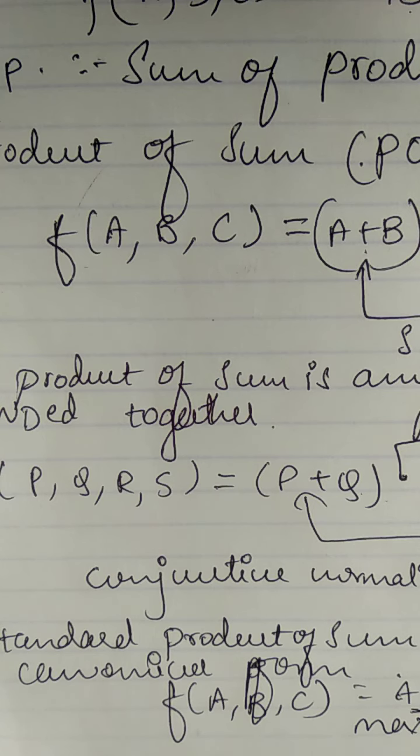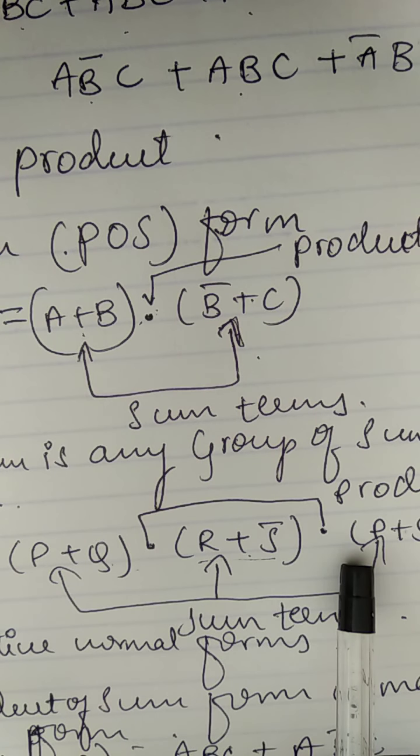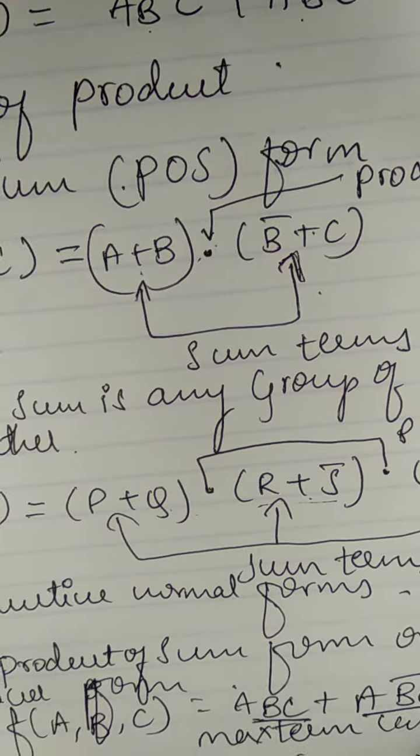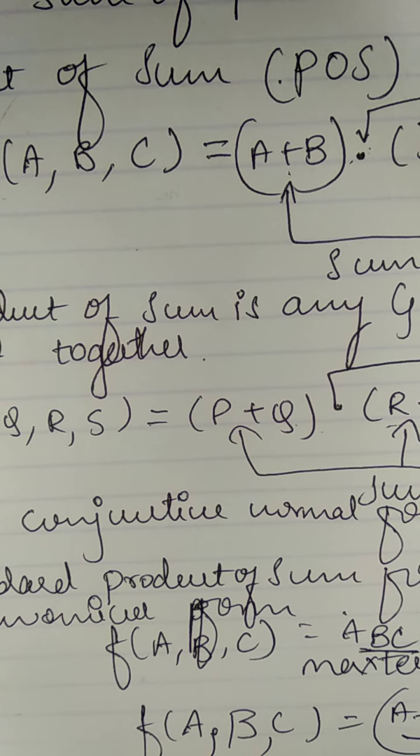Here also, in product of sum, each sum term consists of one or more literals in complemented or uncomplemented form. So this expression is an example of product of sum. It is also known as conjunctive normal form.